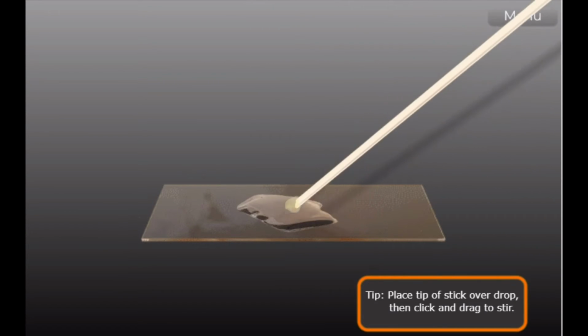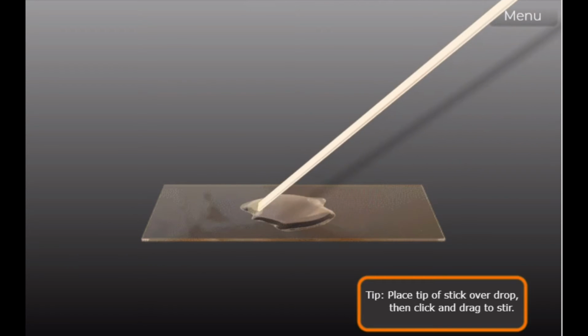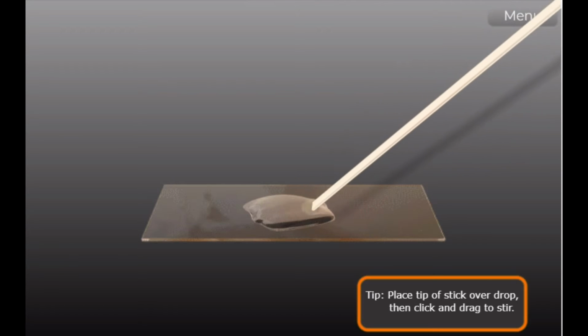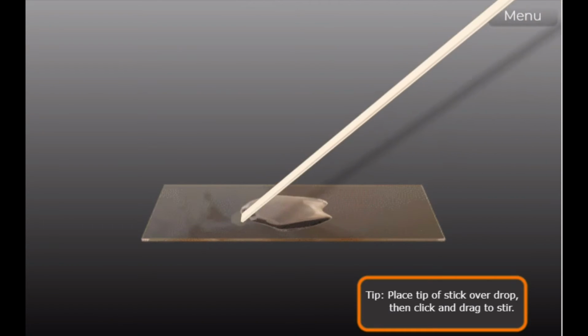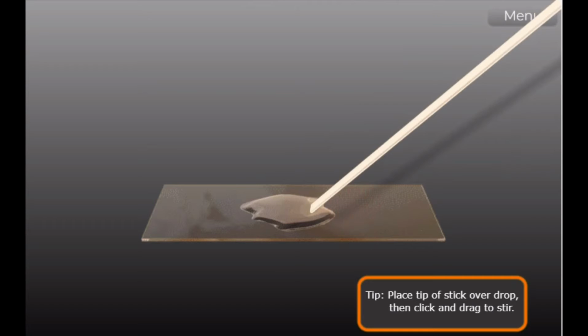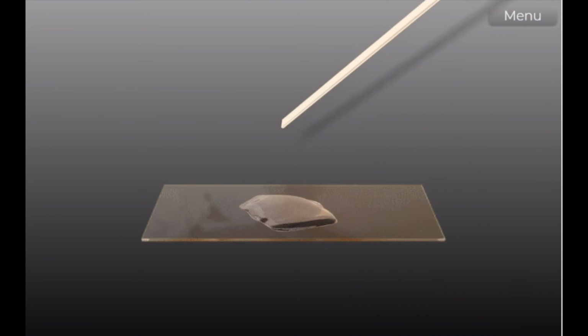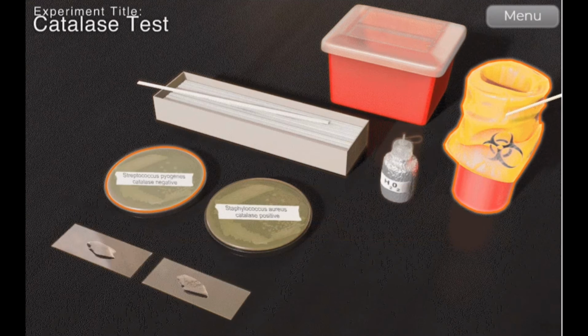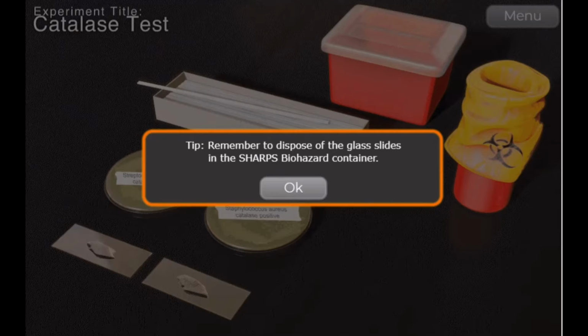So if there are no bubbles, it means it is negative. So the answer is no bubbles, so negative. So tip, remember to dispose of the glass slides in the sharps biohazard container.